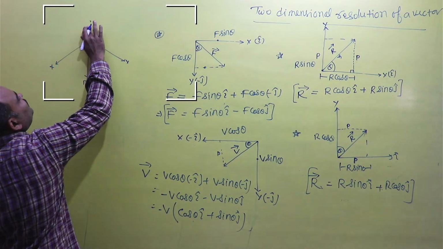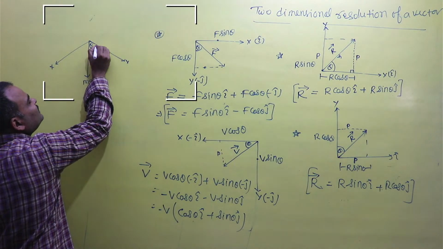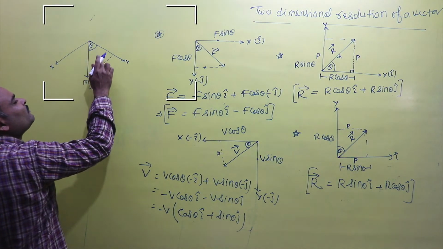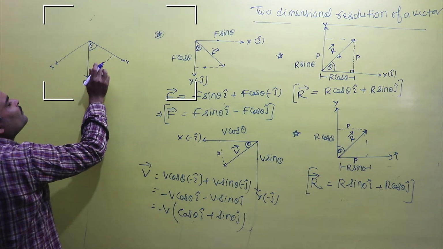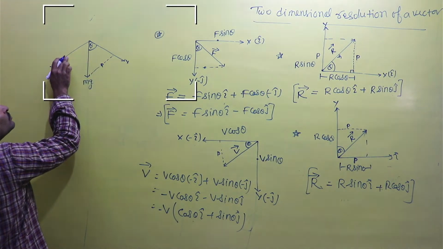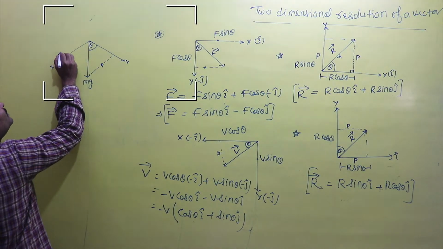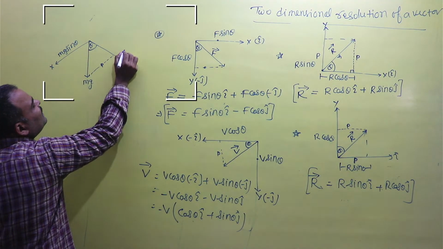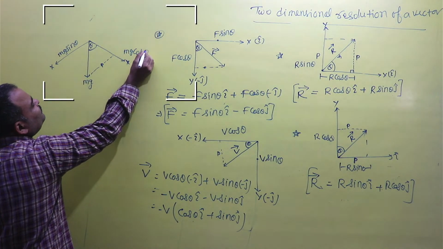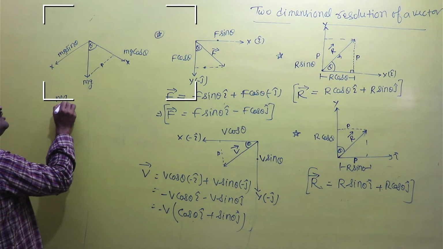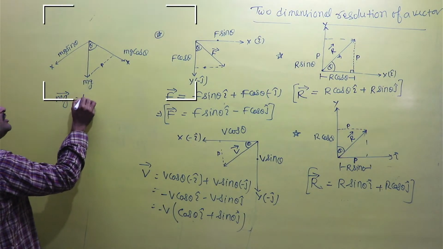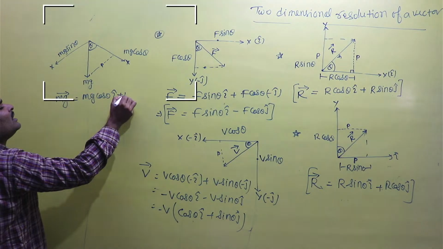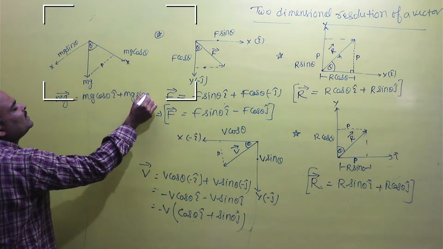Now we are resolving only in two dimensions. If theta is given here, then we should draw the normal in front of theta, it will be P, and the front side of P will also be P, and it will be equal to mg sin theta, and this will be mg cos theta. So we can resolve the vector mg as mg cos theta i cap plus mg sin theta j cap.